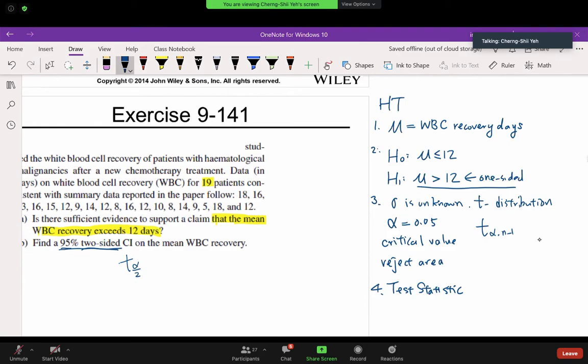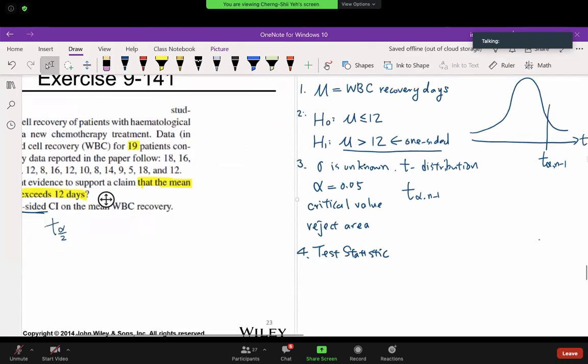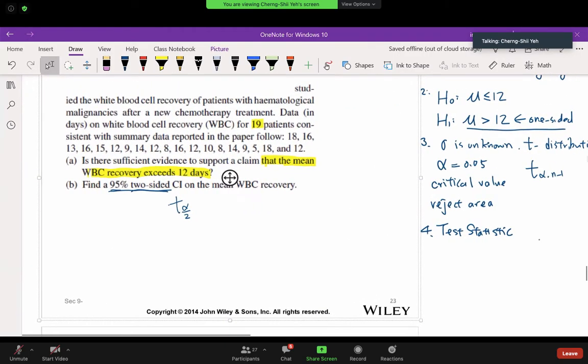Okay, that's what I want to show you in this exercise. In our hypothesis testing, we're simply doing a one-sided hypothesis test with an upper bound. And that upper bound critical value is t alpha, n minus 1. In this case, we're calculating a two-sided confidence interval.